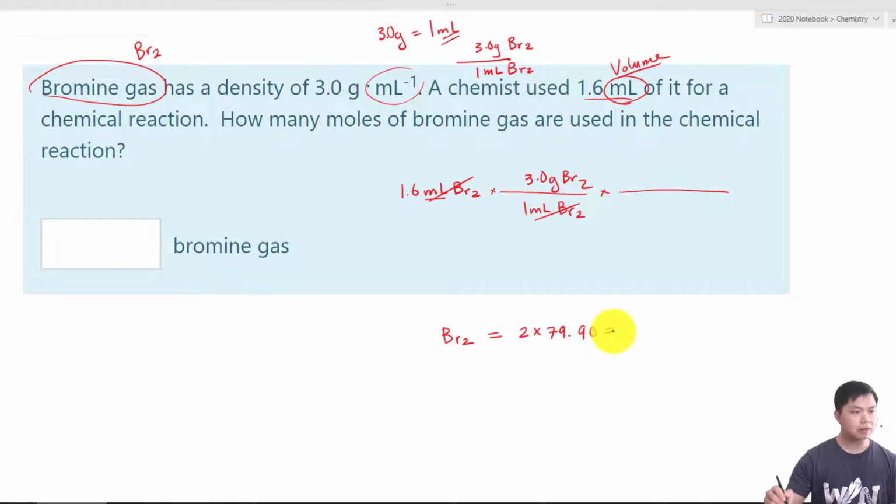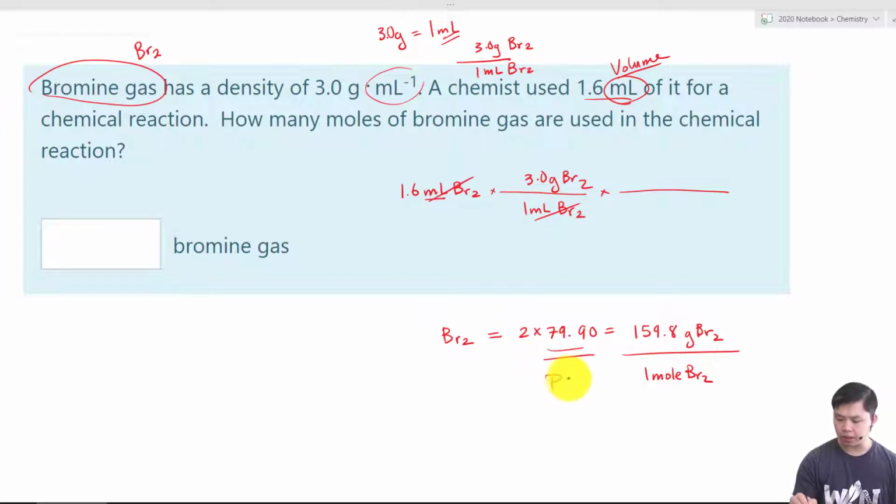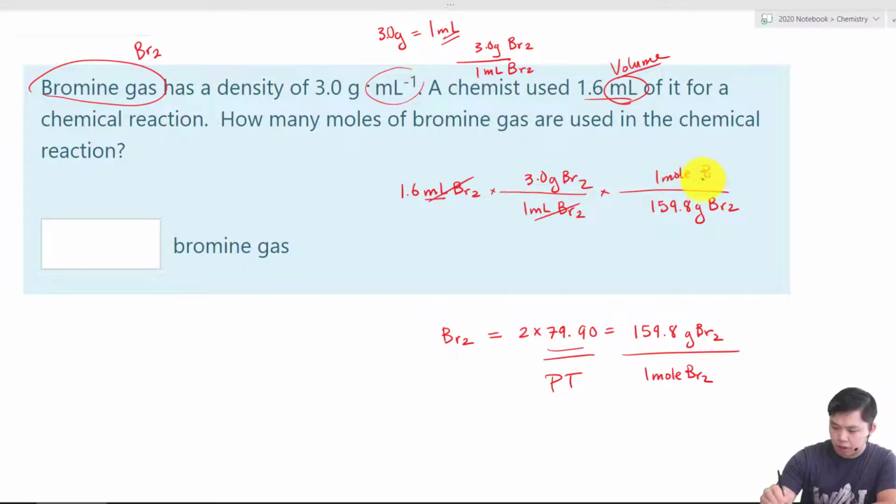So that turned out to be 159.8 grams of Br2 per 1 mole of Br2. So this is coming from the periodic table, okay? So let's go back in here. If this is grams, the gram part must be on the bottom, 159.8 grams of Br2, and then we have 1 mole of Br2.